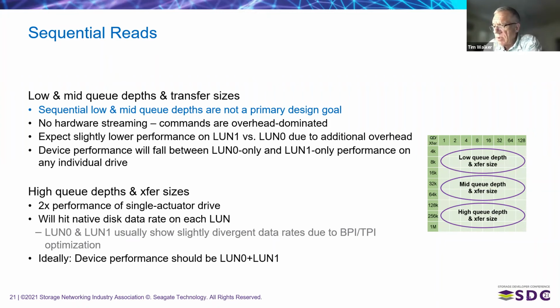We like to say it's 2x, but it's not. It can be darn close to 2x. For two sequential workloads, it's 2x. For two random workloads, it can be about 1.8x.